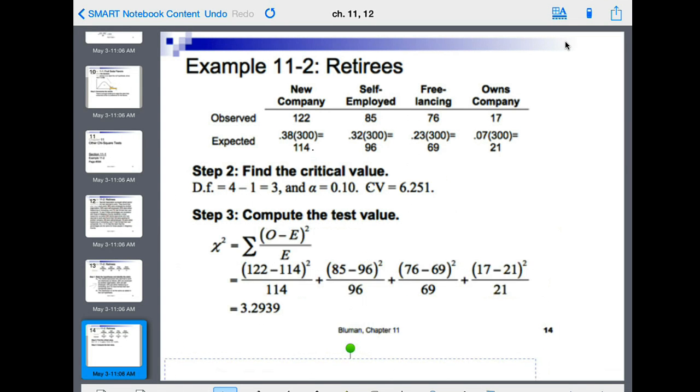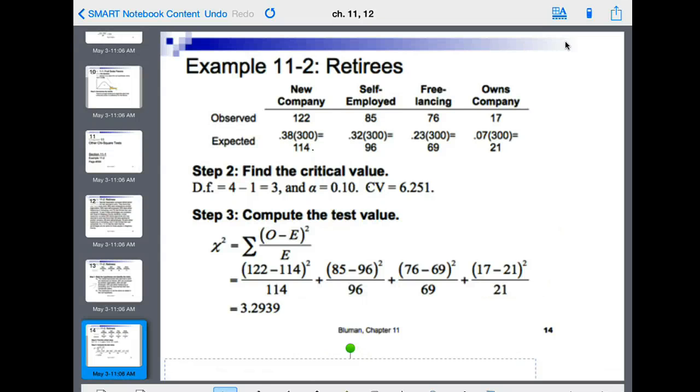Here's our test value. O minus E: 122 minus 114 squared over 114, 85 minus 96 squared over 96, 76 minus 69 squared over 69, and so on. We get our test value of 3.2939.